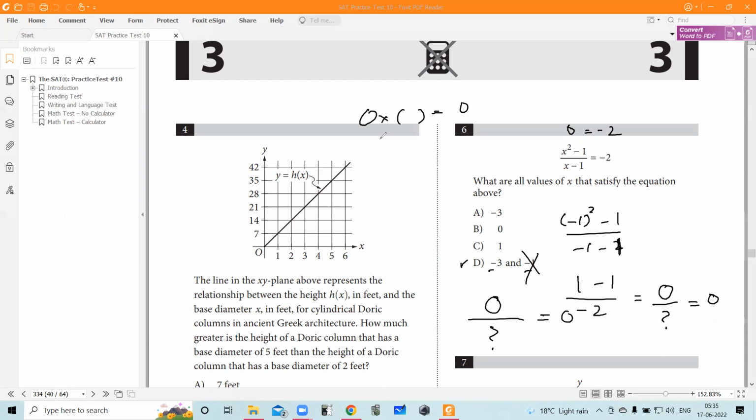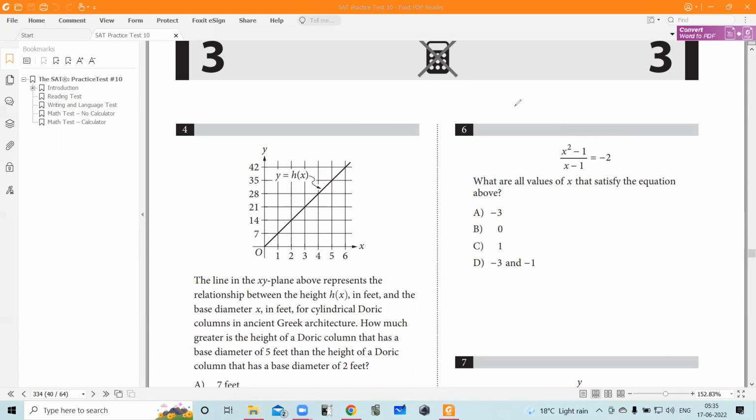So 0 will make everything 0. So whatever the number is in the denominator, we don't care, because if you have 0 in the numerator, it'll be not working. -1 will not be working. And then it's just A.